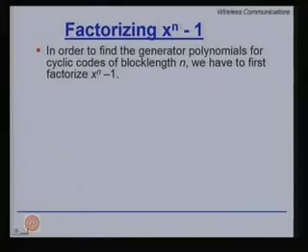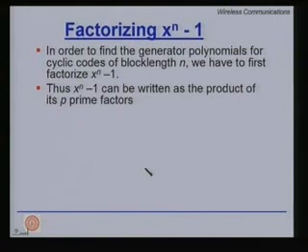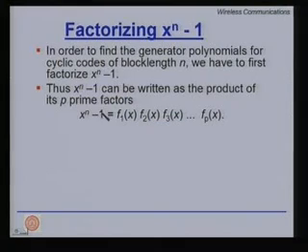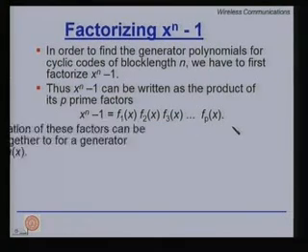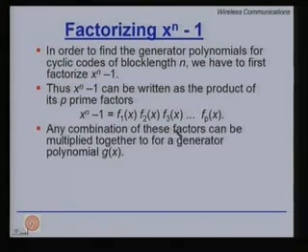So, we know that in order to find the generator polynomials for cyclic codes, and BCH codes form a subclass of cyclic codes, we have to first factorize x raised to the power n minus 1. Now, x raised to the power n minus 1 can be written as a product of p prime factors like this. Any combination of these factors can be multiplied together for a generator polynomial g(x).